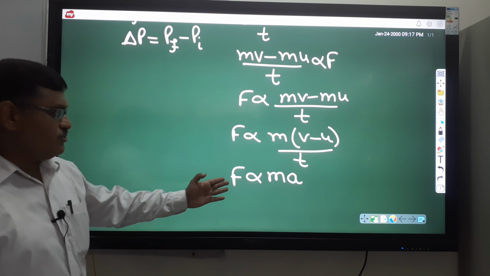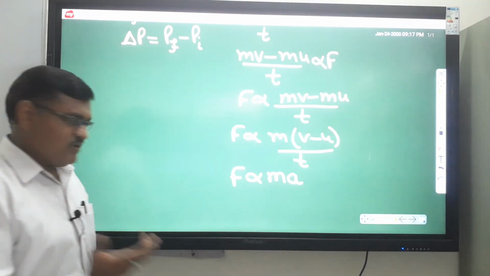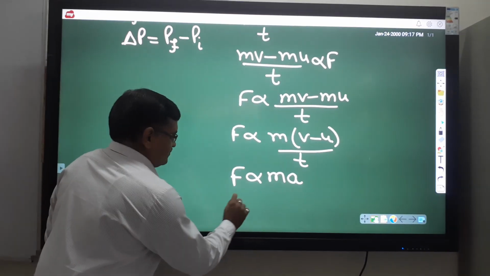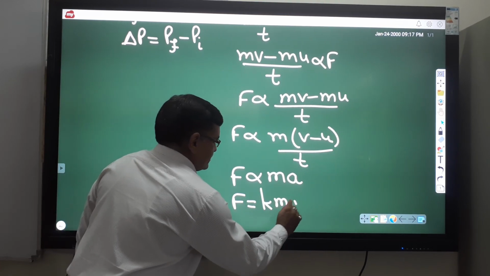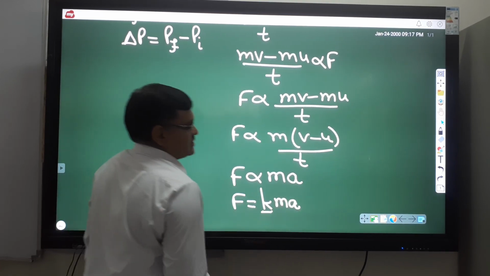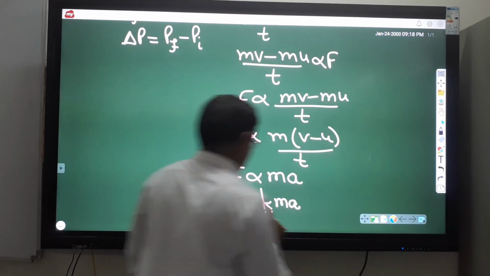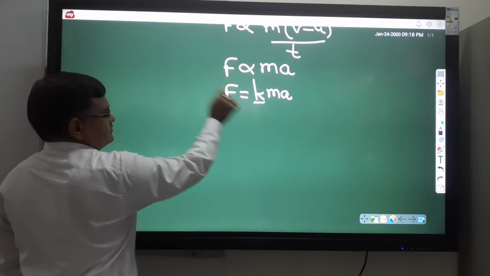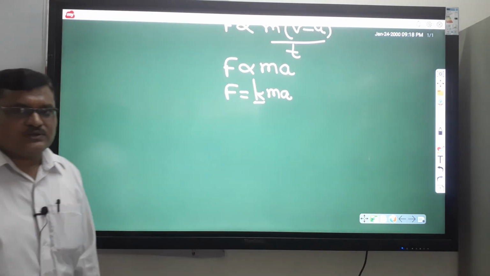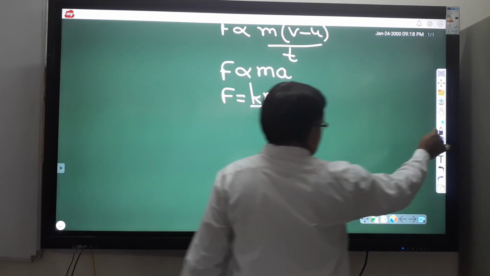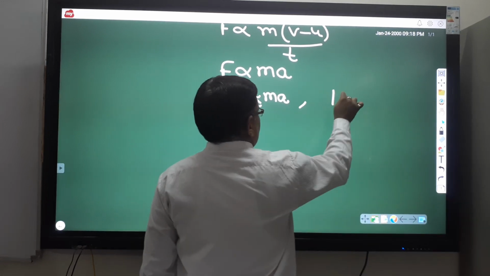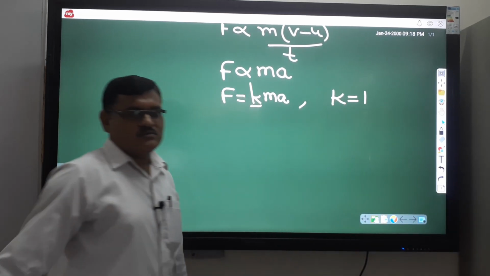Now, you need to remove this sign, so we will use a constant. F is equal to k ma. This k is the constant of proportionality, whose value is always 1.